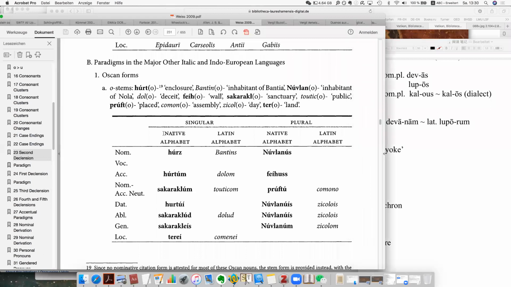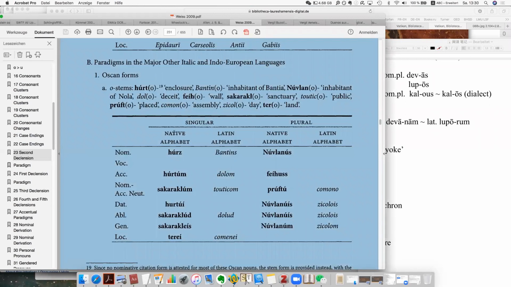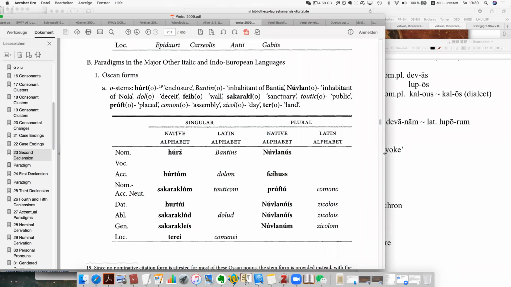So Sabellic languages have their own alphabet. If it is written in the native alphabet, namely the Sabellic alphabet, it is transcribed, 就是转写, and it uses a bold script.